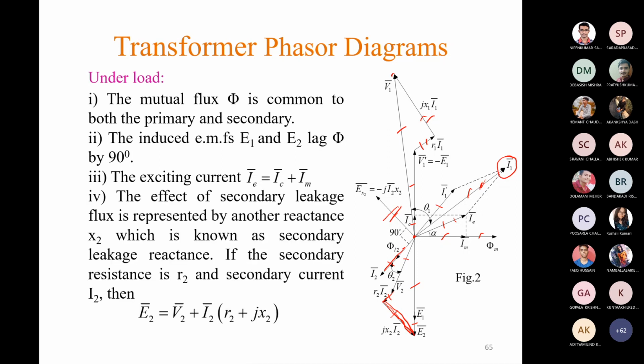The effect of secondary leakage flux is represented by another reactance X2. So the secondary voltage equation becomes E2 equals V2 plus I2 into (R2 plus jX2), that is I2 into Z2. So Z2 is the secondary leakage impedance.